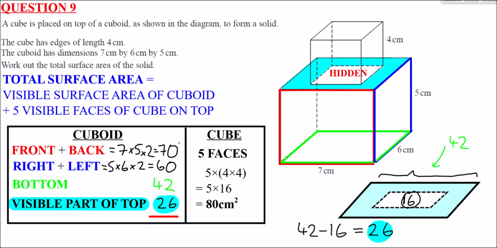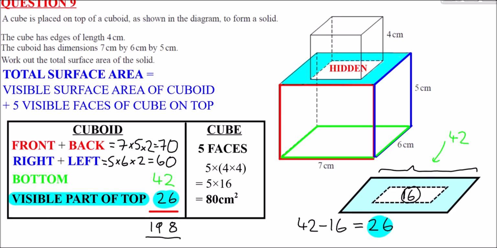So 0 plus 0 plus 2 plus 6 is 8. 7 plus 6 is 13, plus an extra 4 is 17, plus an extra 2 is 19. So we have 198. And then we need to add on the 80.